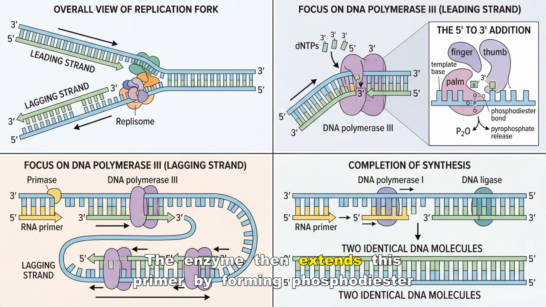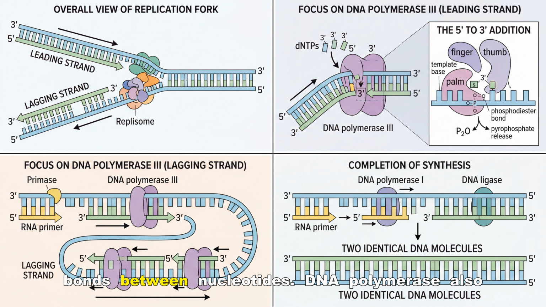The enzyme then extends this primer by forming phosphodiester bonds between nucleotides. DNA polymerase also has proofreading ability via its 3' to 5' exonuclease activity, which allows it to remove incorrectly paired nucleotides and replace them, increasing fidelity.